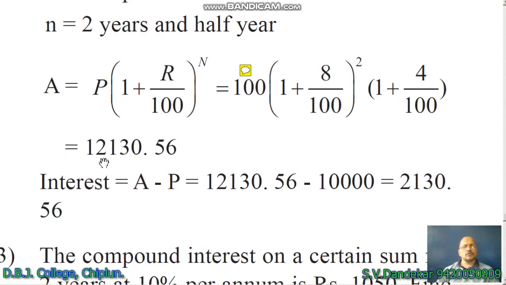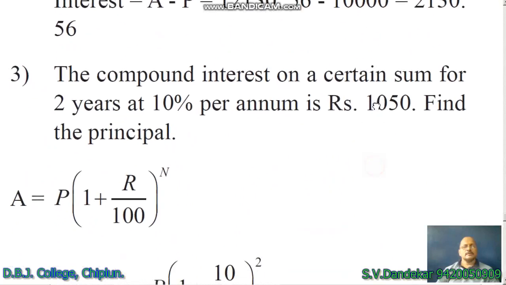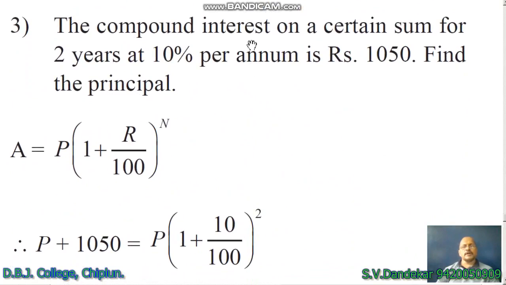So this works out to be 12,130.56, and interest is amount minus principal, that is 2,130.56.